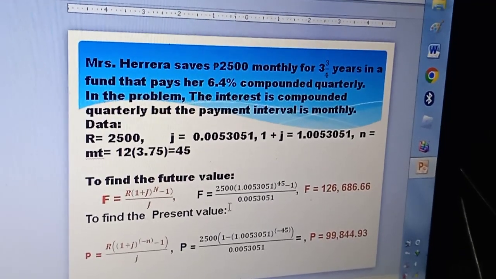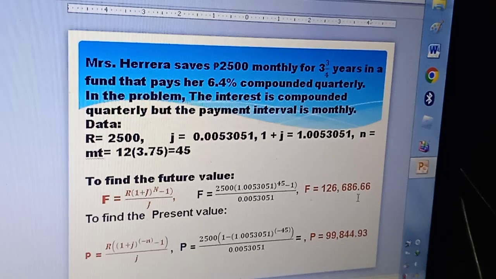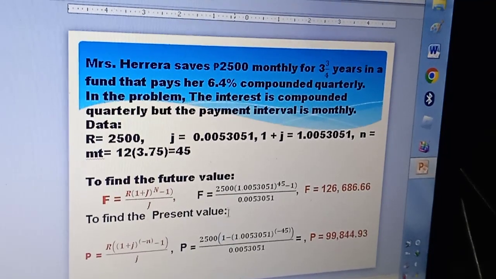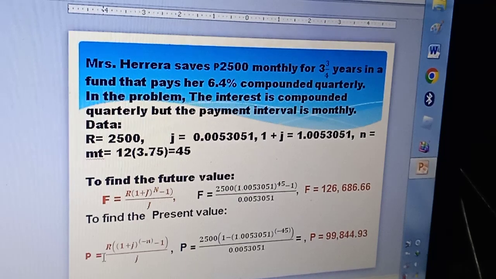So by using the calculator, we solve the future value F to be 126,686.66.